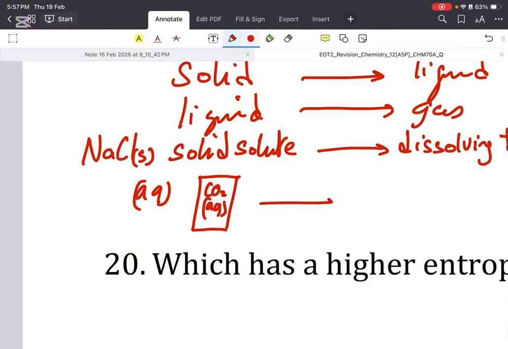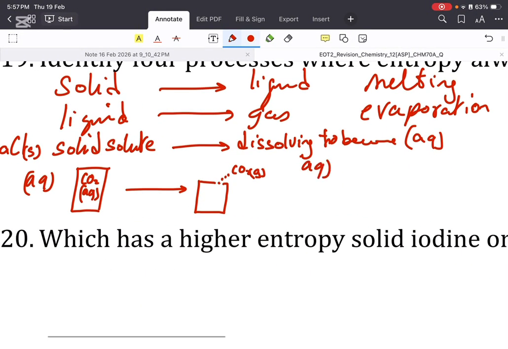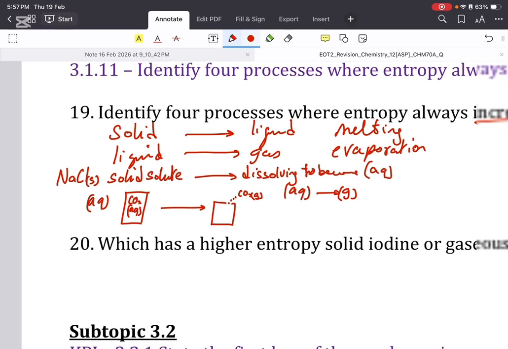Now if this bottle is opened, then the carbon dioxide gas is going to escape in the form of a gas. So any change from aqueous to gas involves an increase in entropy.